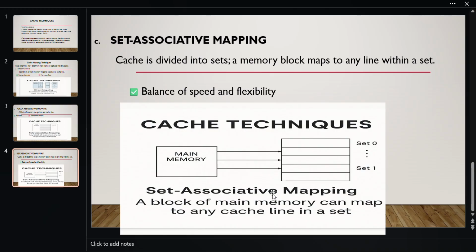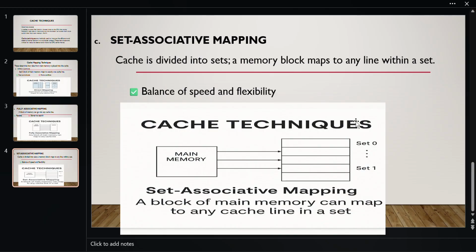We also have other cache techniques which are not in the slides, but we will talk about them now. We have the cache replacement policy. When the cache is full, this policy decides which data to remove.